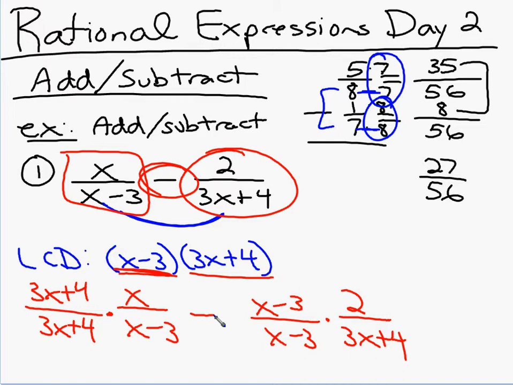Now, we have a least common denominator, all right, and I'm out of space here, so I'm going to have to go to a new screen. But what we're going to do next is we're going to use distributive property on top, because we need to simplify this numerator, all right? So my denominator is 3x plus 4 times x minus 3.